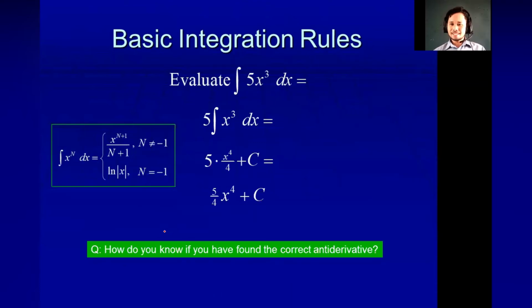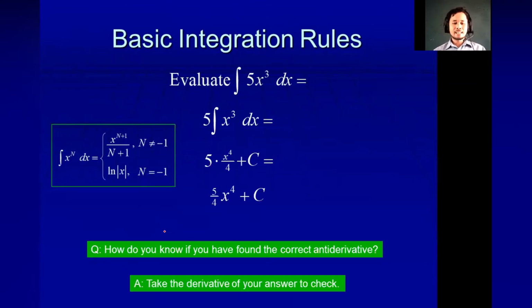The answer is, take the derivative of your answer to check. So let us get the derivative of 5 over 4 x raised to 4 plus c.